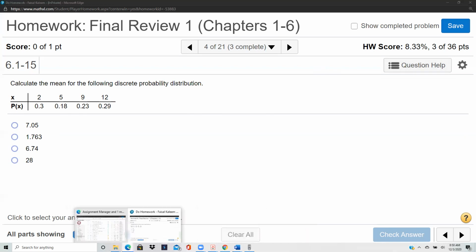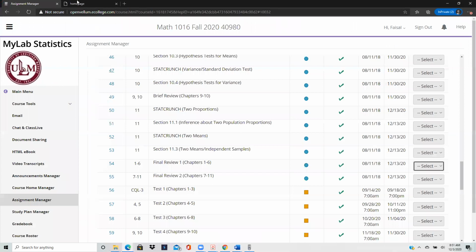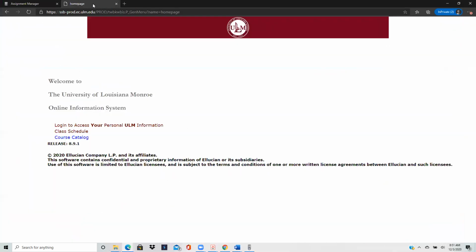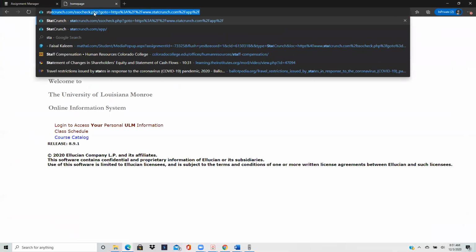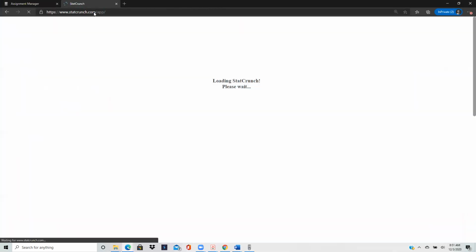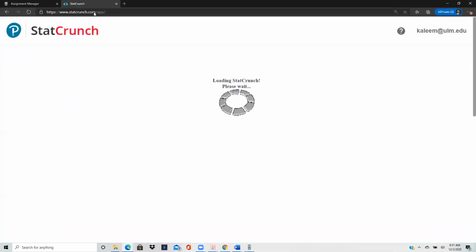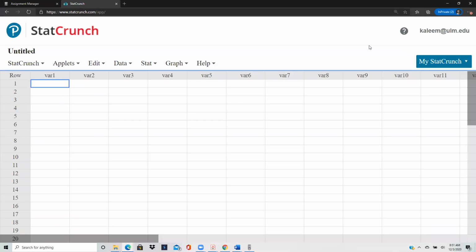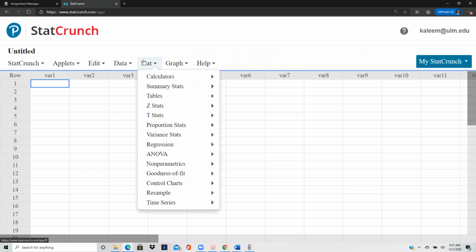Which is not available. Let's see. StatCrunch. All right, so first you put it in the columns.